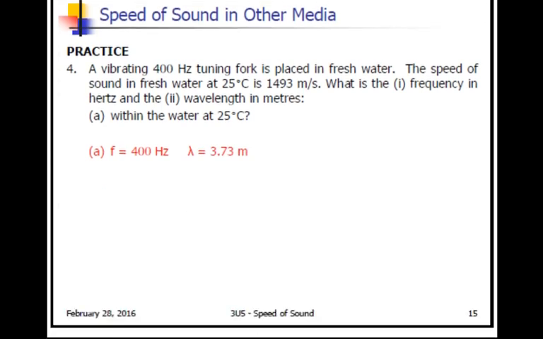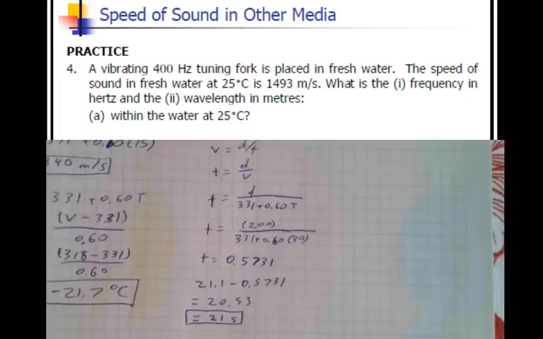This question says, a vibrating 400 hertz tuning fork is placed in fresh water. The speed of sound in fresh water at 25 degrees Celsius is 1,493 meters per second. What is the frequency in hertz and the wavelength in meters when the water is at 25 degrees Celsius?